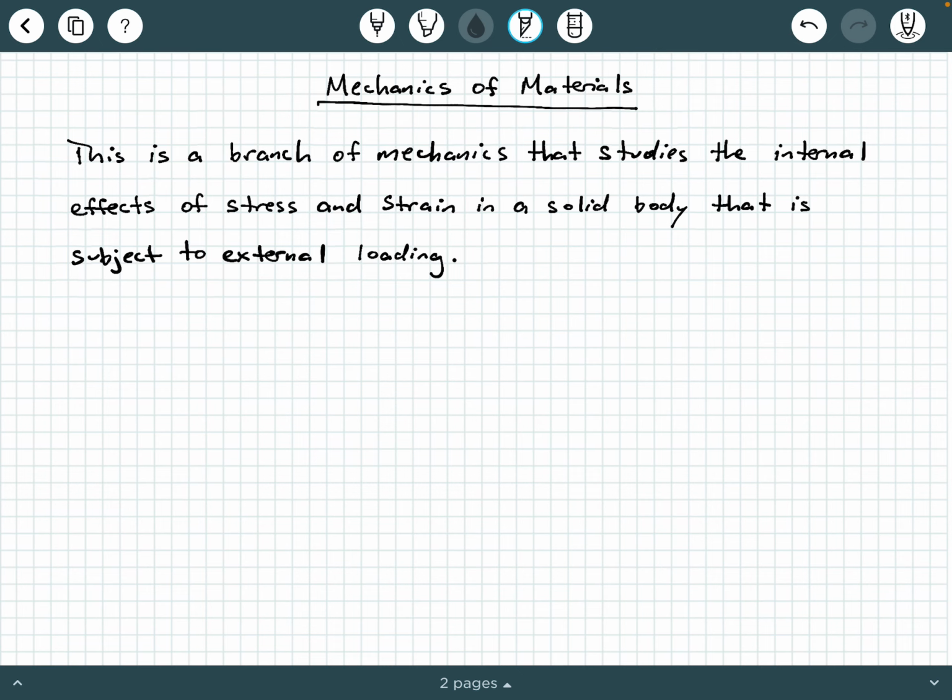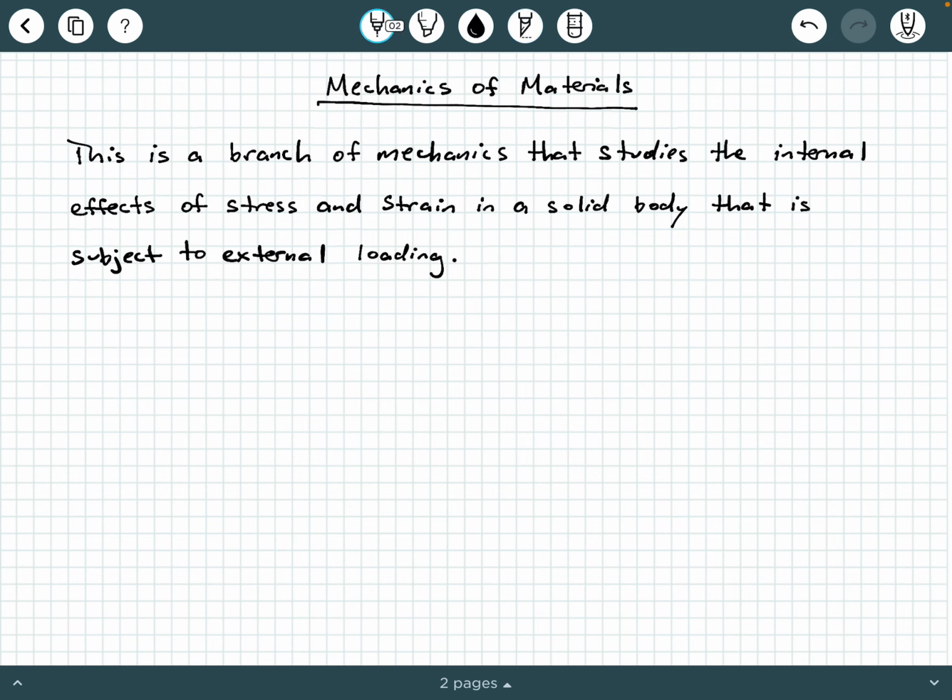Those are also branches of mechanics. Statics is a branch of mechanics that studies forces and their effects on bodies. Dynamics is a branch of mechanics that studies the forces on systems that cause them to move, that cause motion. Whereas mechanics of materials studies, again, the effects of stress and strain in bodies that are subject to loading.